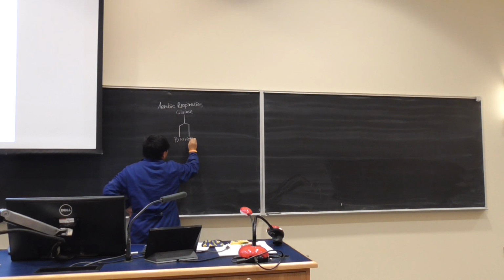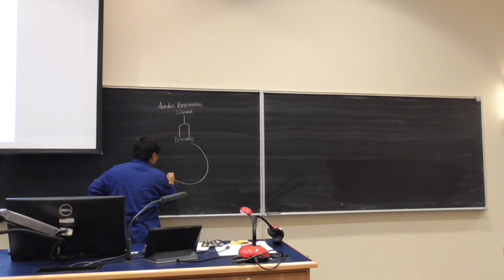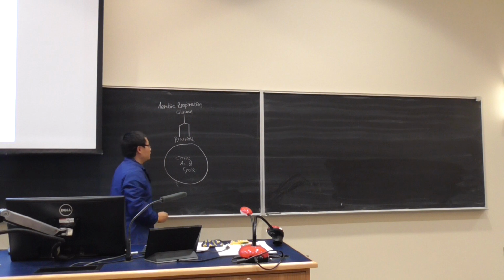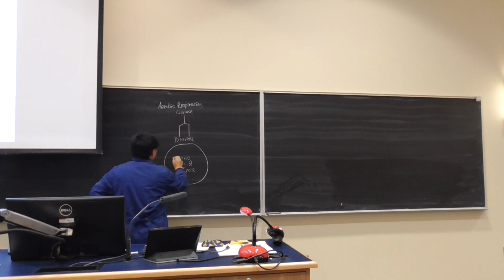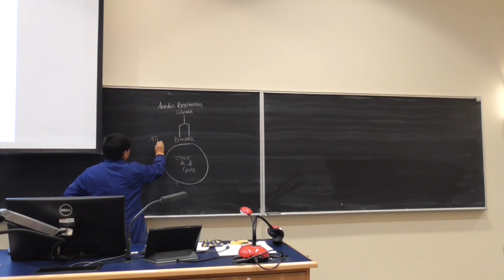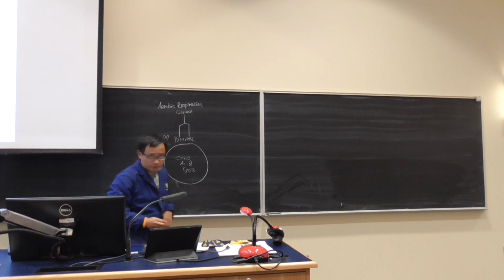The pyruvate will then go through a circle, which is called the citric acid cycle. Very important, we would love to see how many ATPs are generated. So calculating the total ATPs generated will be our job.